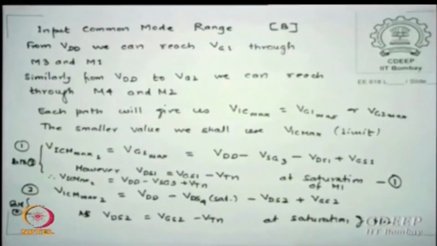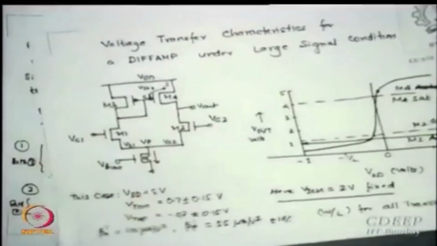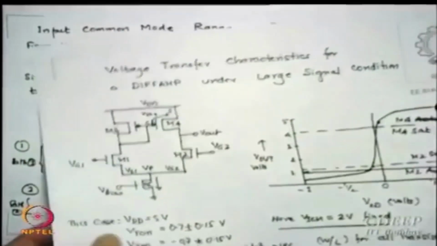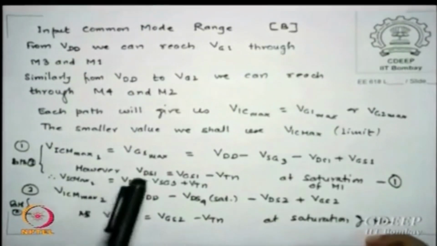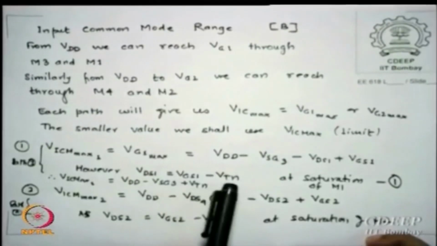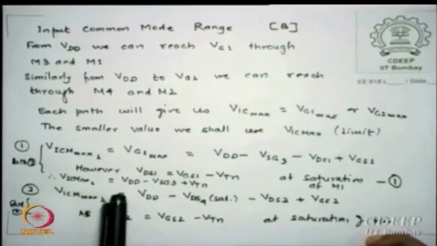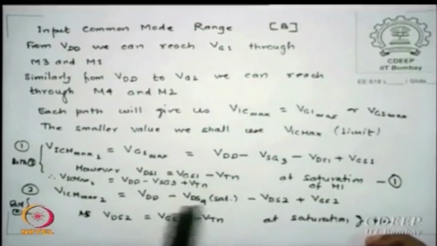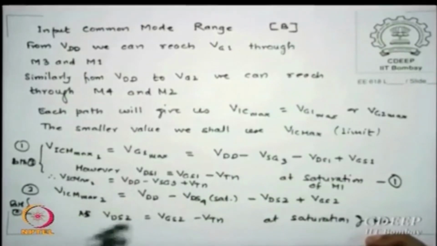However, at the edge of saturation, what is VDS1? When this transistor is at the edge, VGS minus VT is equal to VDS, the least value of that. So I write VDS1 is VGS1 minus VTN at the edge of saturation. So I write VICM max 1 is VDD minus VSG3, and I substitute this VDS1 here.